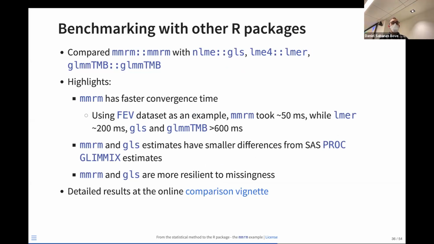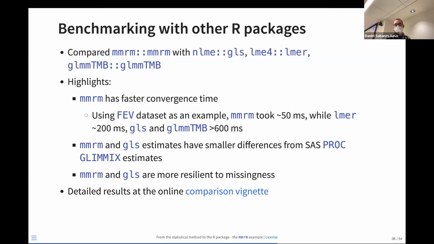Speaking a little bit more about benchmarking, we've compared mmrm against a few other implementations, and just some highlights to emphasize the performance. mmrm generally has a faster convergence time. If we use this particular data set as an example, we're a factor of 4 or up to 12 times faster than some of the alternatives.